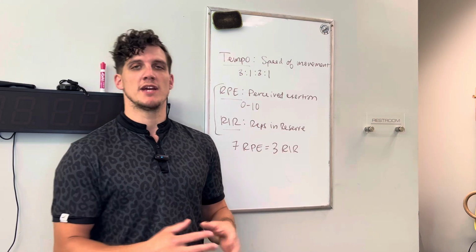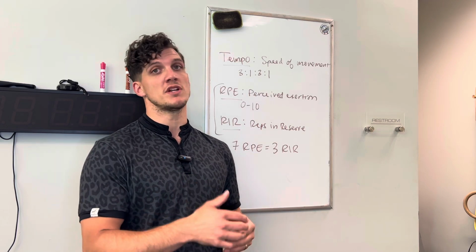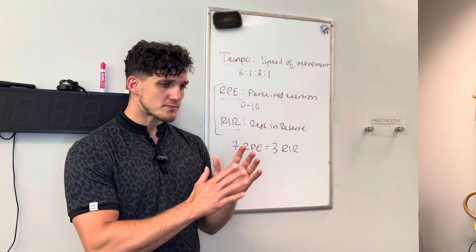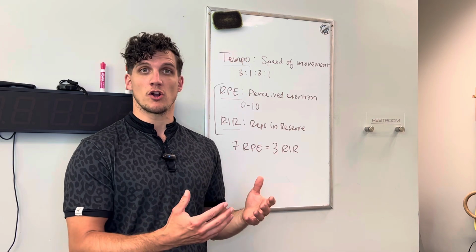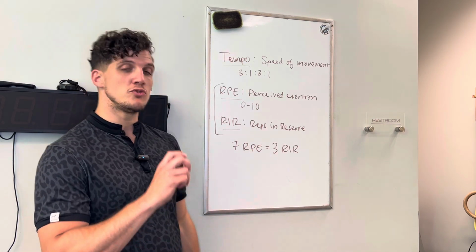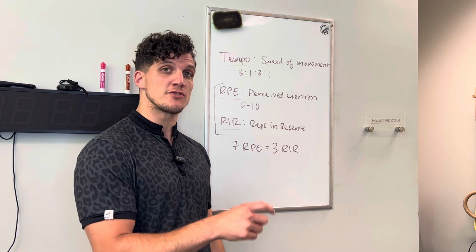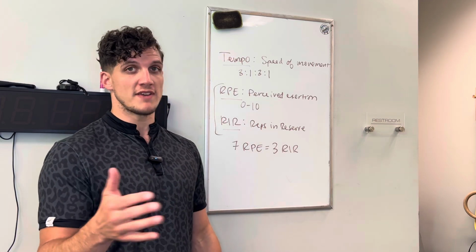Not in a negative way. It was just so challenging that you could not do another rep. A lot of times we're going to be working within the 7 to 8 out of 10 RPE. If you don't know what that RPE is for you specifically, you will eventually.